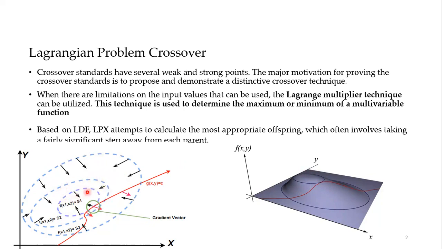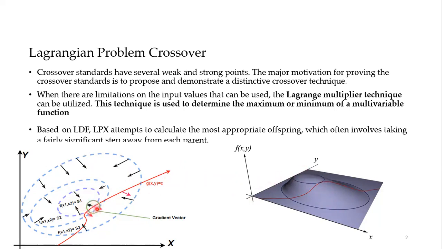Now, if we look at this diagram, we could have the best solution, or the possibility that we can get the best optimal solution. This red line is the gradient vector, or in other words, the limitation, because here on the surface you can get the best.